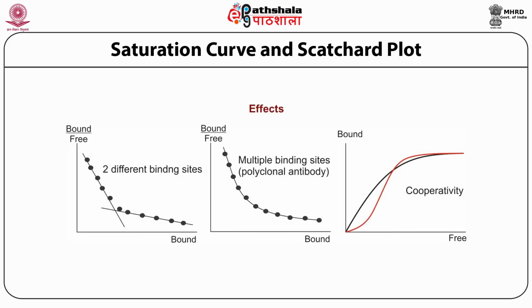Here we try to show the different types of binding pattern. For example, in the first curve you can see two different binding sites that behave differently. In the second, you can see the multiple binding sites of a polyclonal antibody, and in the third one, you can see the reaction of cooperativity.